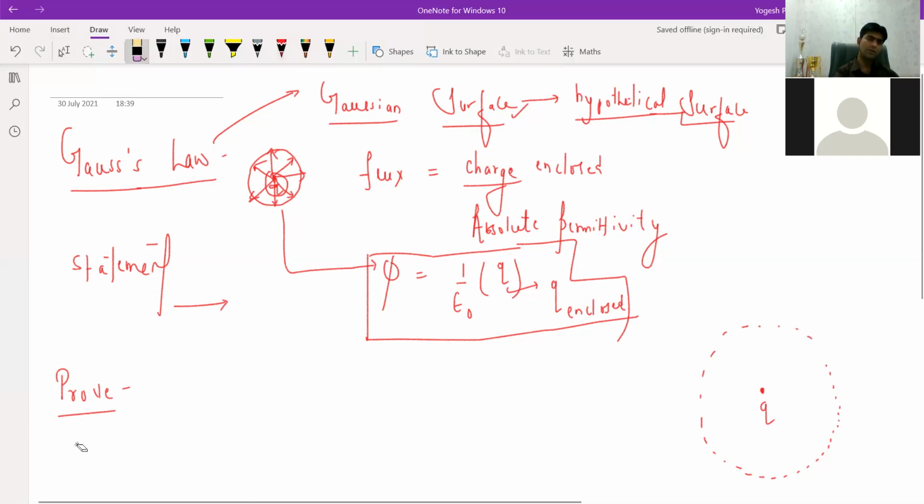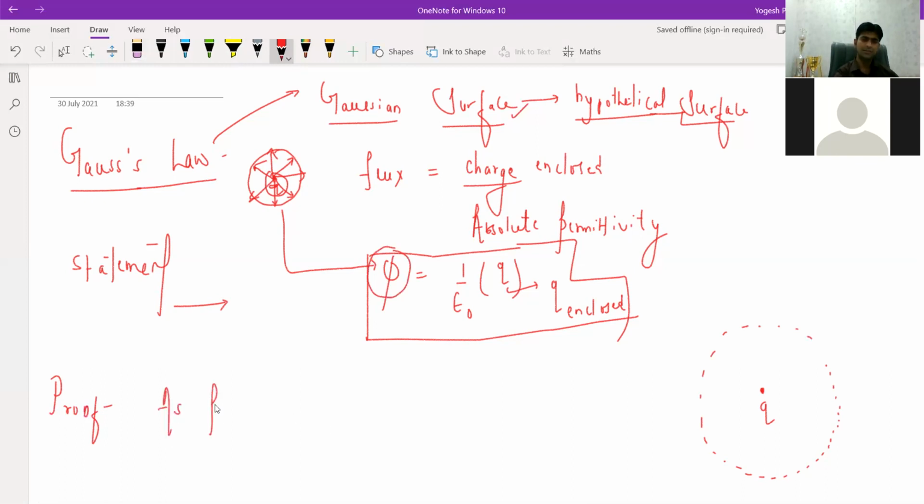How are we going to write the proof? Very simple. Ultimately, what we have to calculate is flux. As per the mathematical definition of flux that we have just seen, what have we written?